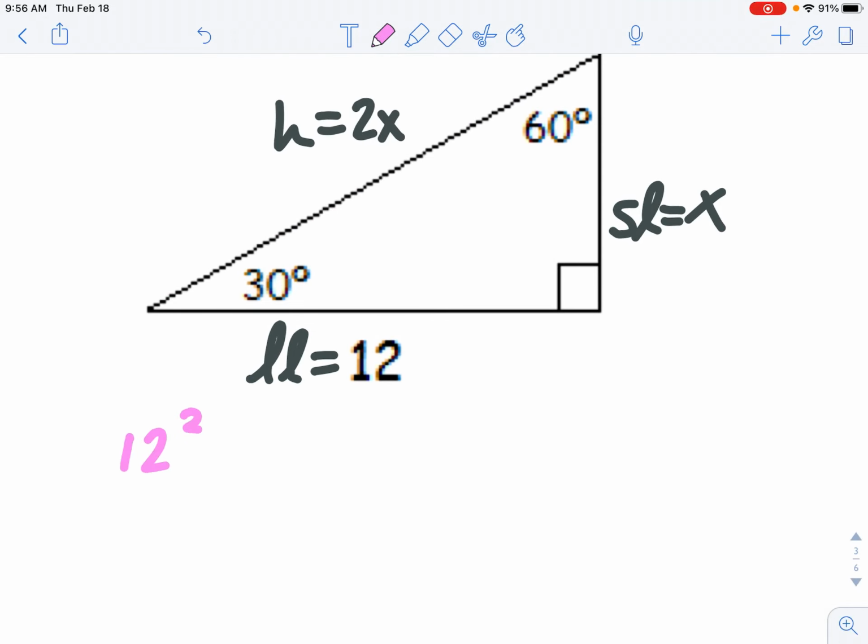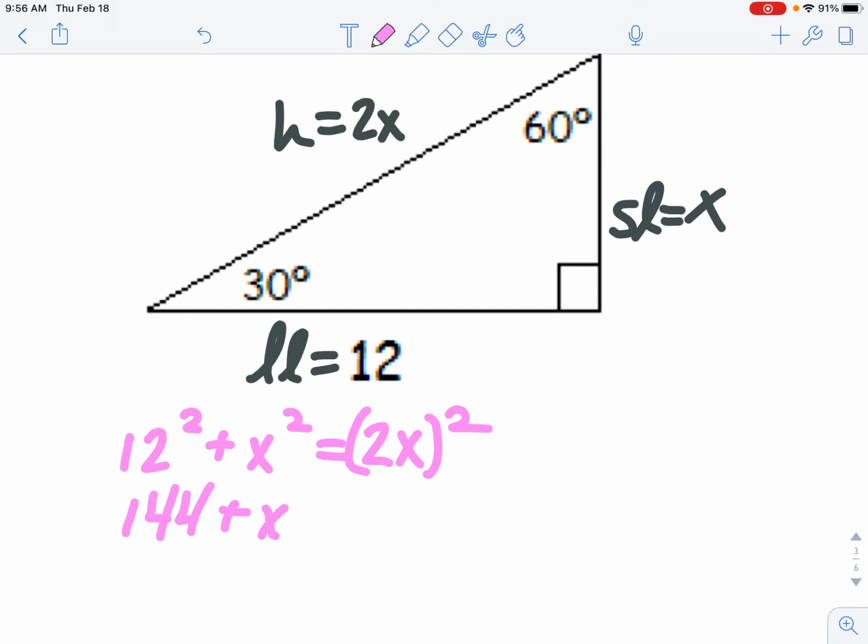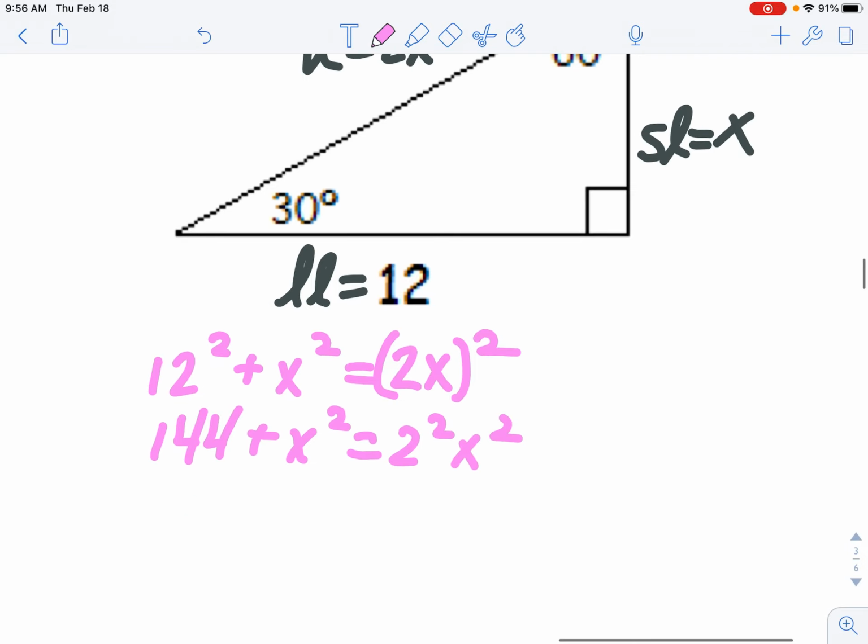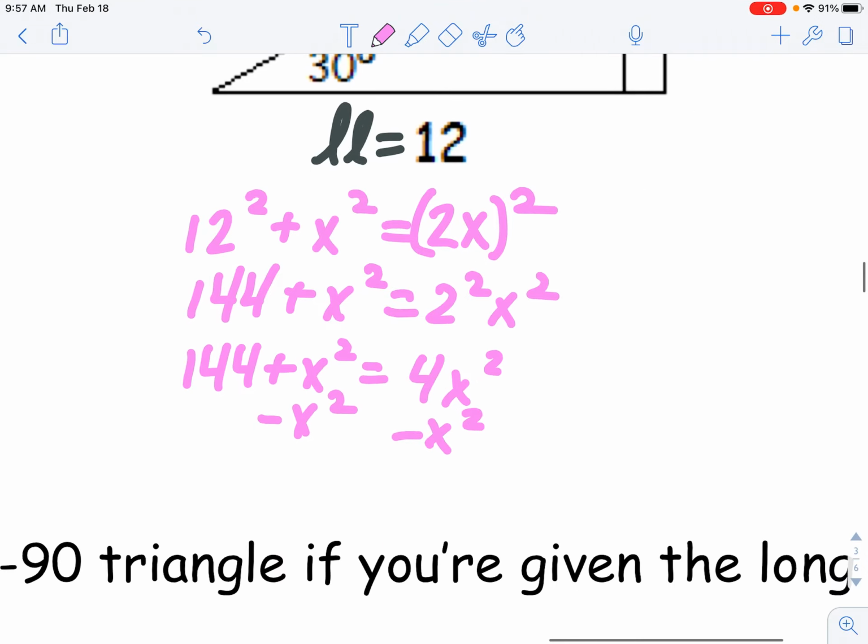Now we're going to just use the Pythagorean theorem again, and this should look a little familiar from last time because a lot of it's the same computations, a lot of the same setup. So we get 144 plus x squared equals 4x squared. Subtract x squared from both sides.